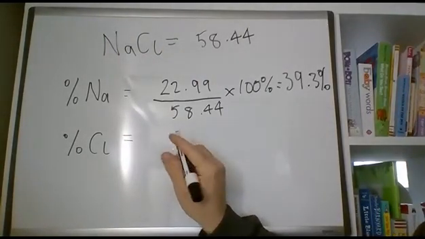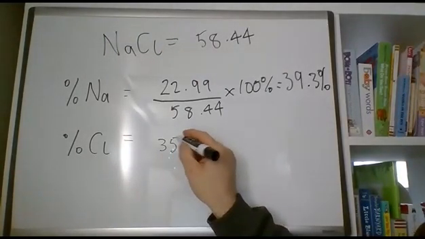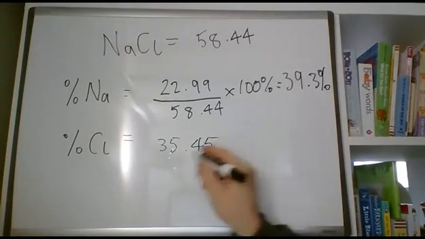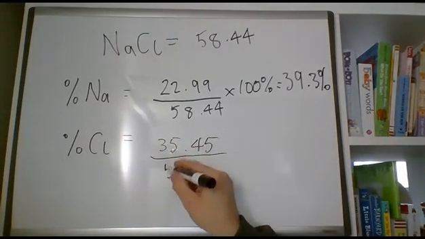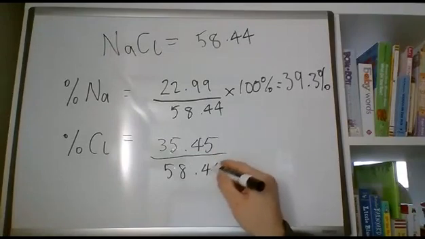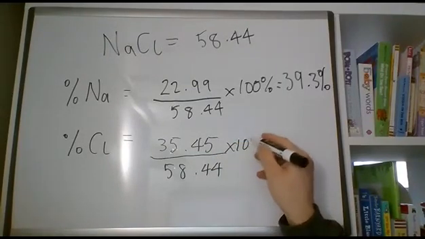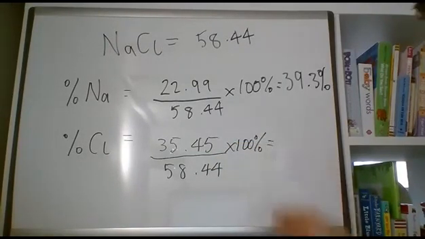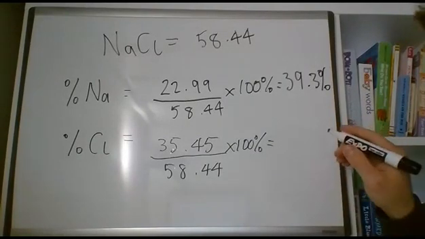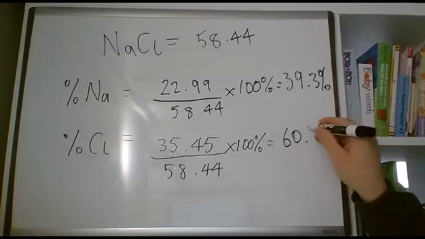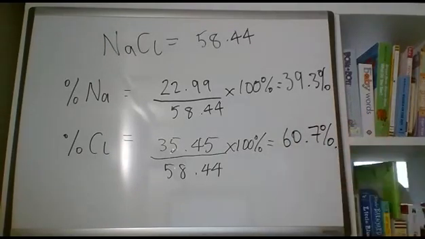Chlorine is 35.45 out of a total of 58.44 as a percentage. Yeah, and that's 60.7%. Again, they have to sum up to 100.